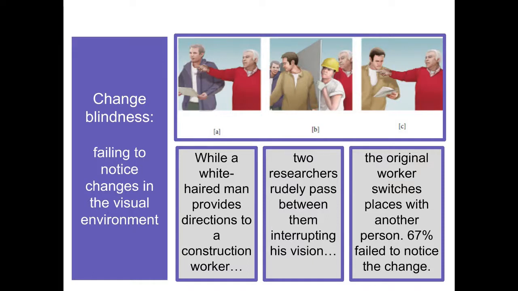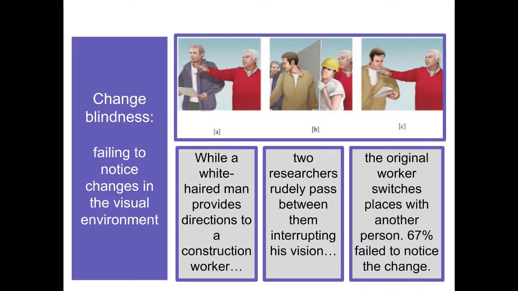So you can see in the figure on the screen, figure A, figure B, and figure C. What happens in the experiment is a man walks up and asks a random stranger for directions, and while they are talking, two people pass by carrying a door or something like a piece of drywall that very, very quickly shields or blocks the view of the two, and they actually switch.